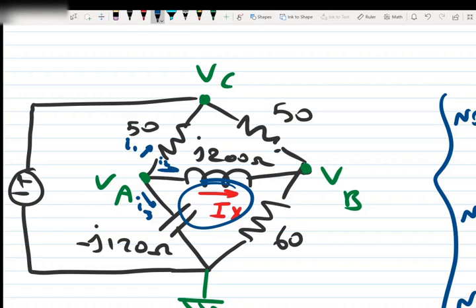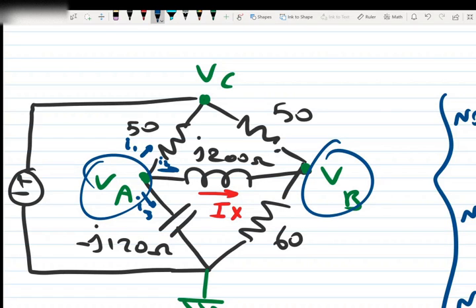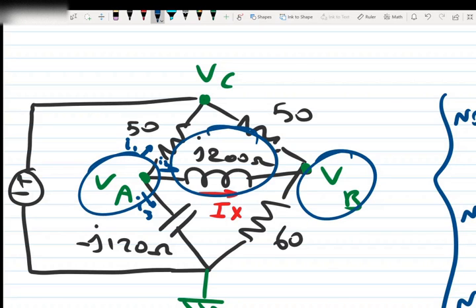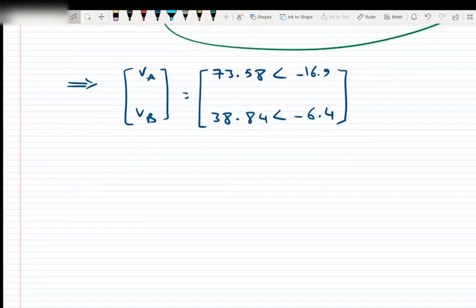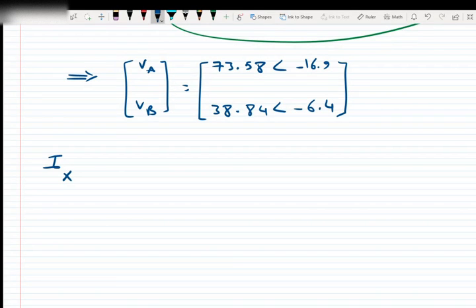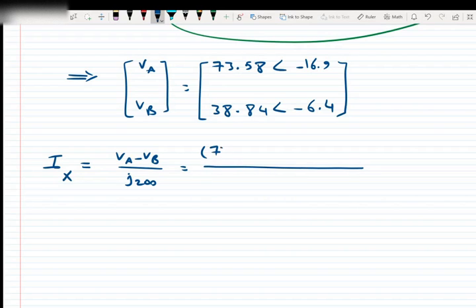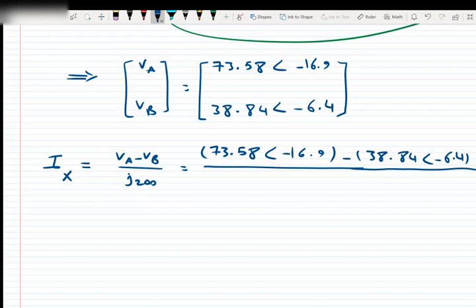So considering the direction of Ix, which is from VA to VB, we can say that Ix is equal to VA minus VB over J200, which is equal to 73.58 with the angle of negative 16.9 minus 38.84 with the angle of negative 6.4, over 200 with the angle of 90.